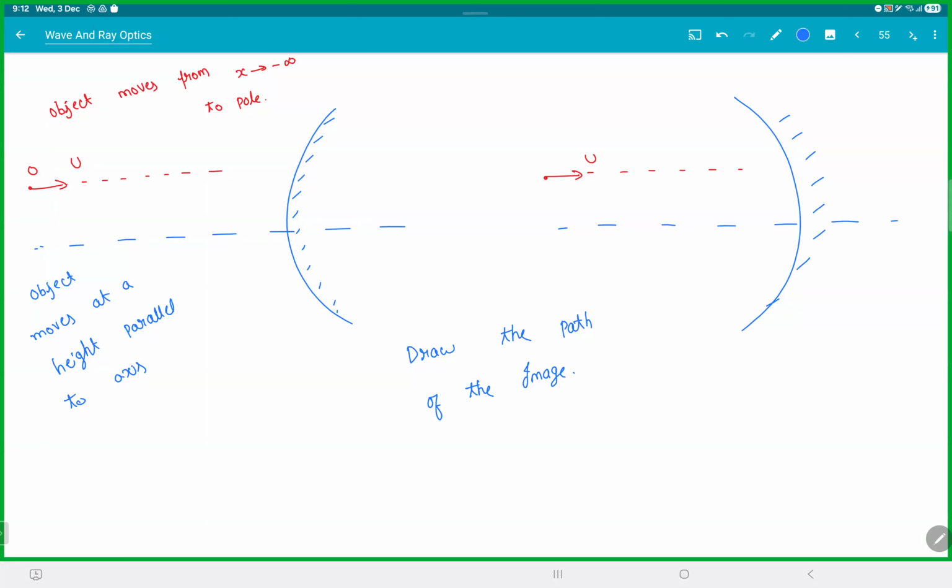Think, I'll give a minute. Let's say. Now for this, you need to know the image formation. Yeah, how will the images look? So let's start from there.